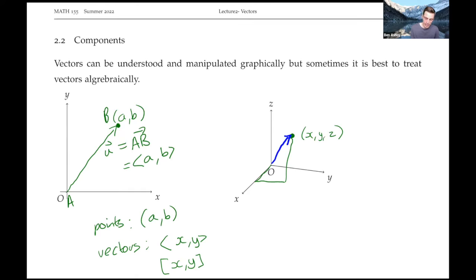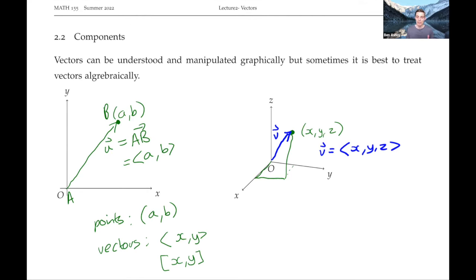And that vector there, we call that b, is going to equal the vector of components x, y, and z. So writing vectors down in this component form is a nice way of writing down what's going on with our vectors.